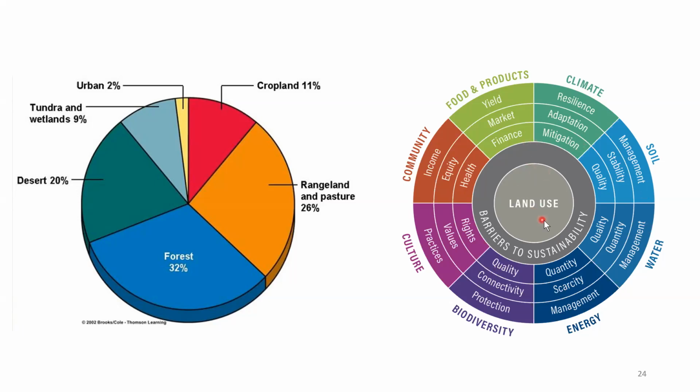If you increase any area, such as the urban areas, or decrease the forest area, that will have an impact. A change in this land use will have an impact on soil, water, energy, biodiversity, culture, community, and food products.